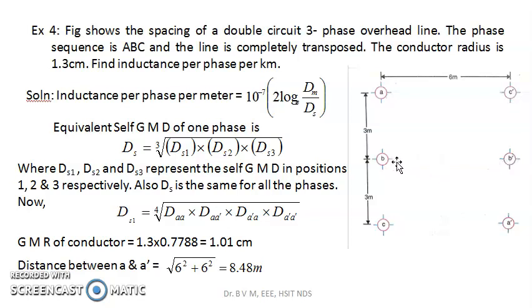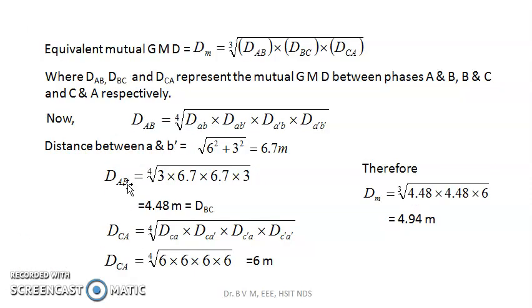See, dbc is 3 meter, dbc dash is again under root 6 square plus 3 square, that is 6.67, and again db dash c dash is 3 meters. That's what has been calculated here, the same as that of your dab. Now you calculate dca.